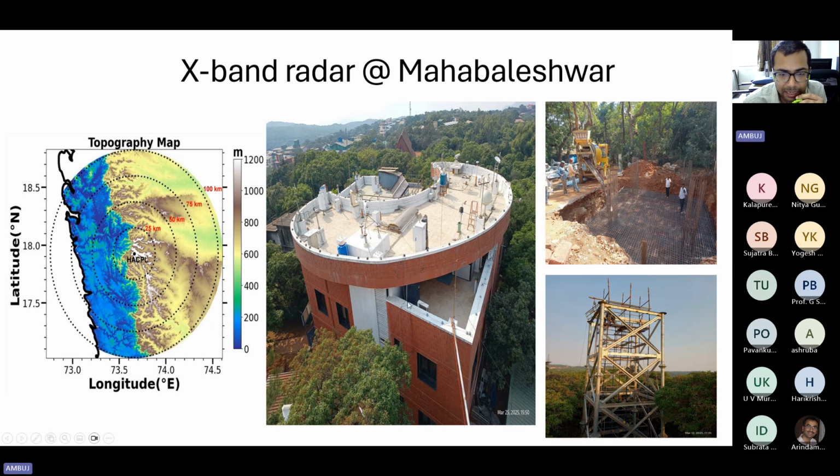Near to this lab, a radar tower is constructed, and on that tower top, the radar is installed and will be operated. You see here a picture from the initial days when the foundation of the radar tower was being dug, and after the foundation was done, the radar tower was constructed on that.